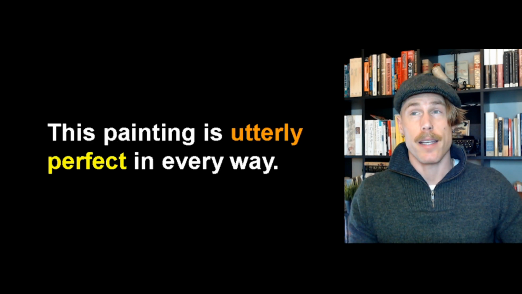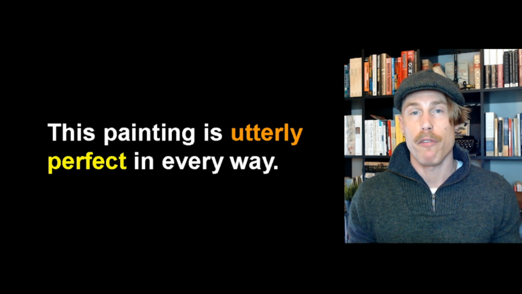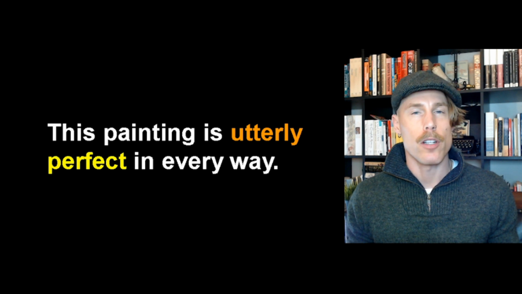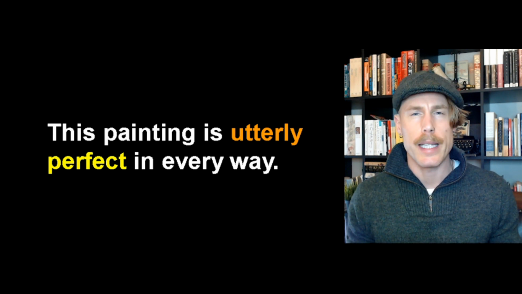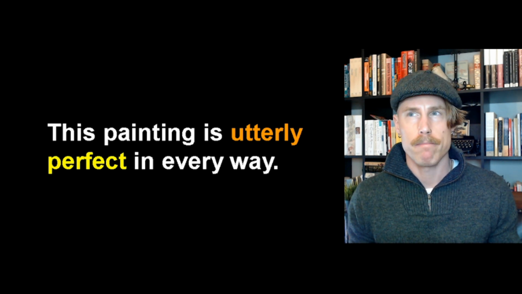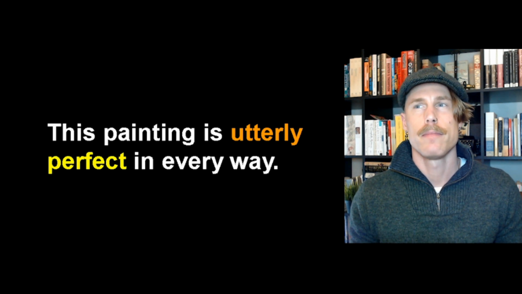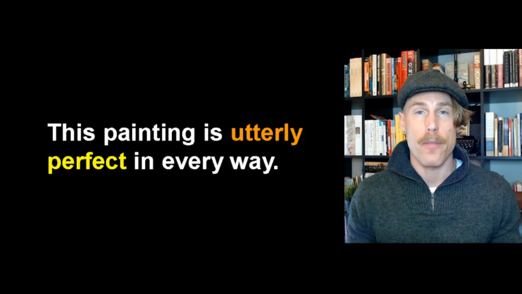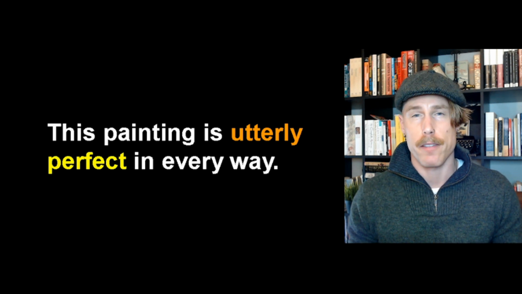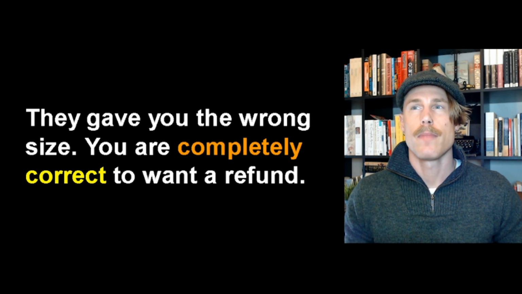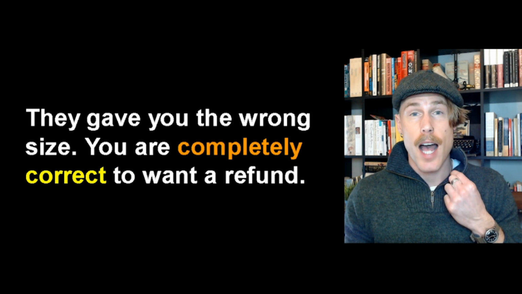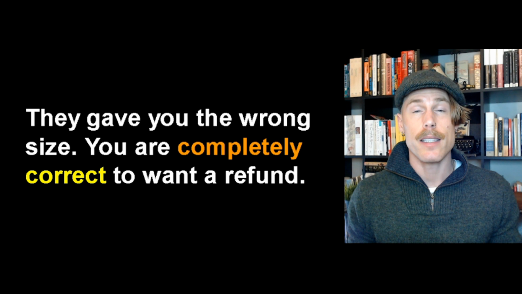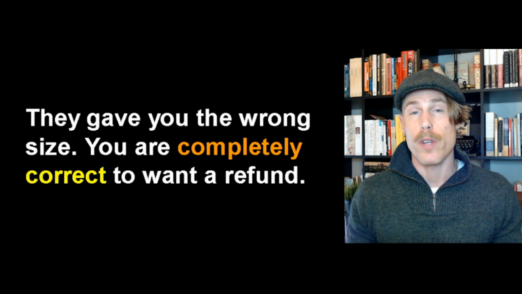This painting is utterly perfect in every way. Utterly means completely, totally. It's perfect, utterly perfect. This is just my opinion about what I think about the painting, right? Subjective. They gave you the wrong size. You are completely correct to want a refund.